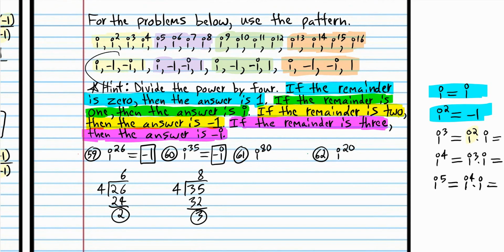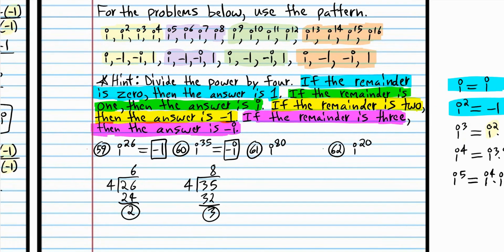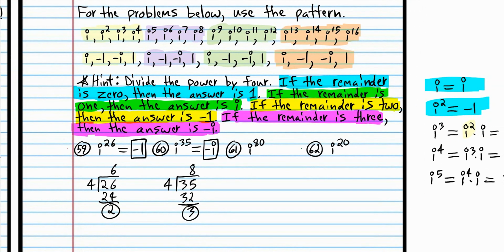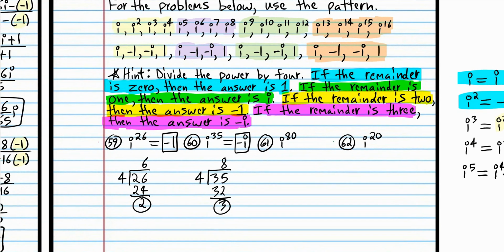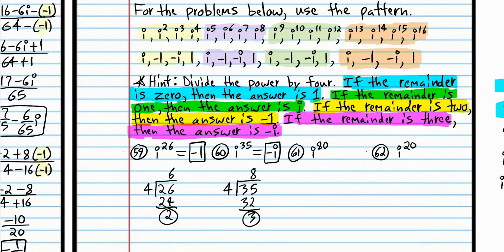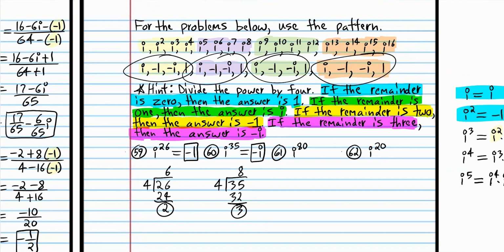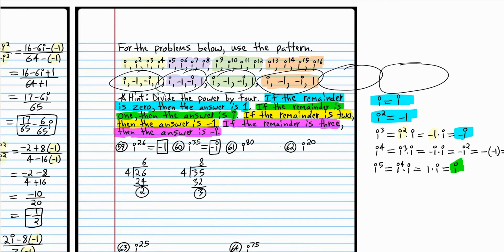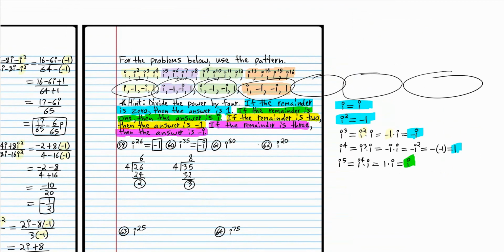Again, it's all based on the idea that, let's give an example here. It's kind of hard to demonstrate with these because there are so many groupings. But for problem 59, you're going to have 6 groupings of 4, and then you're going to have a remainder of 2. In each grouping you have I, -1, -I, 1.